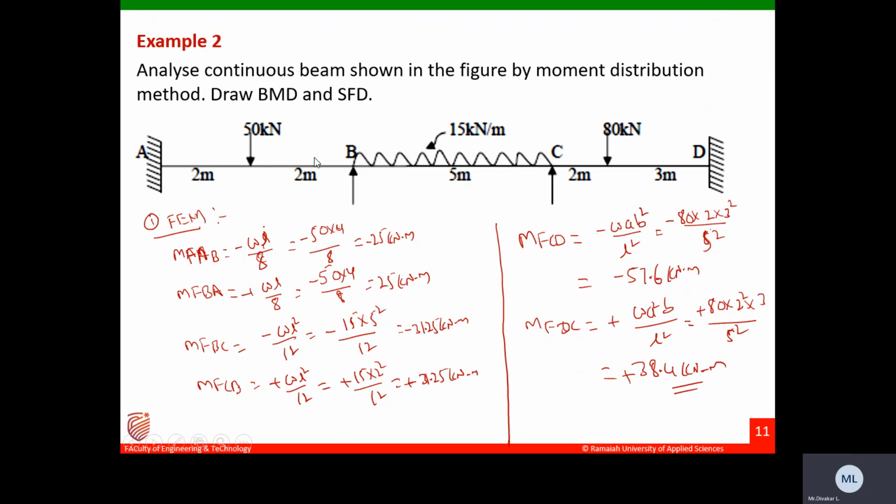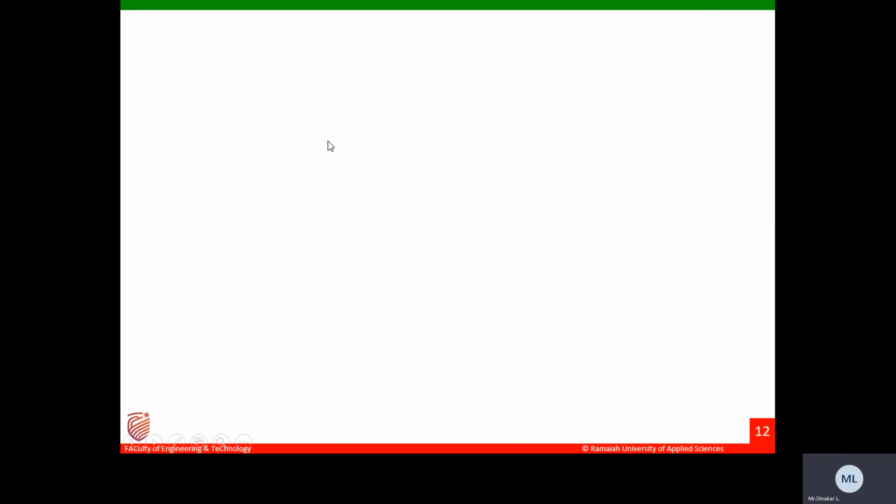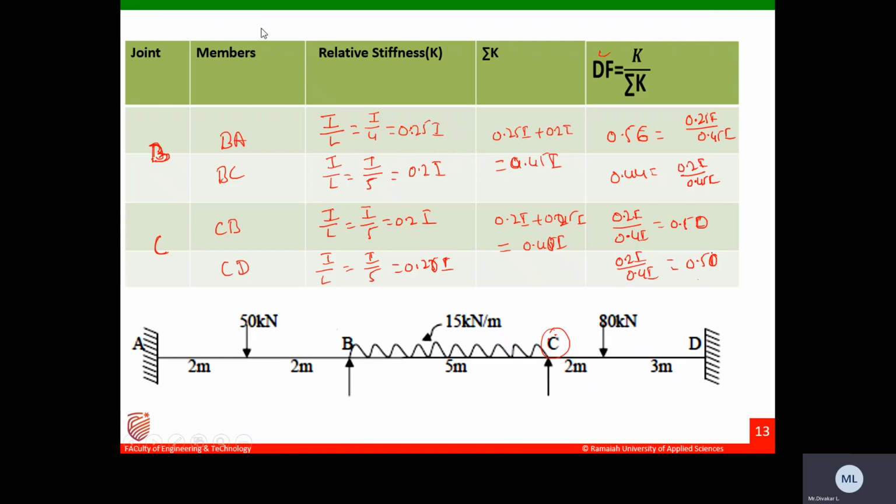We need to find it for each span. Next, find the distribution factors by selecting the relative stiffness of each joint and member.